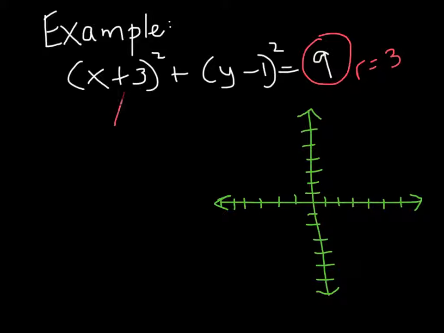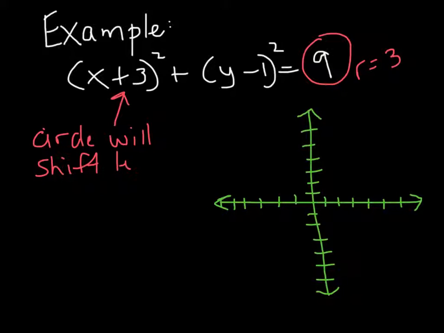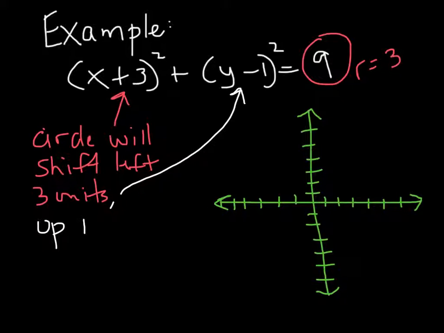This x plus 3 means my circle will shift, opposite of what I'd probably guess, so it's going to make it go left 3 units. And because of this, it's going to shift my graph also up 1 unit.